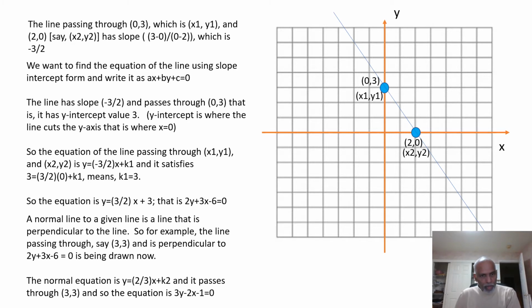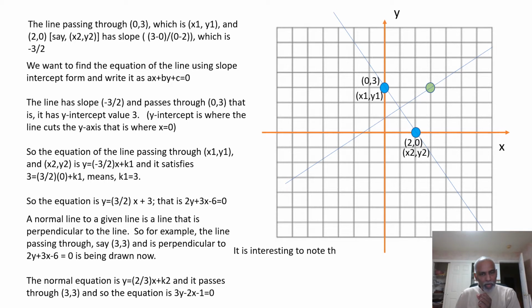So the slope turns out to be 2/3. See, the slope for this line is -3/2, so the slope of the normal line is 2/3, so that the product of those two slopes is -1, which is what I'm saying. So it turns out that we can complete that exercise.